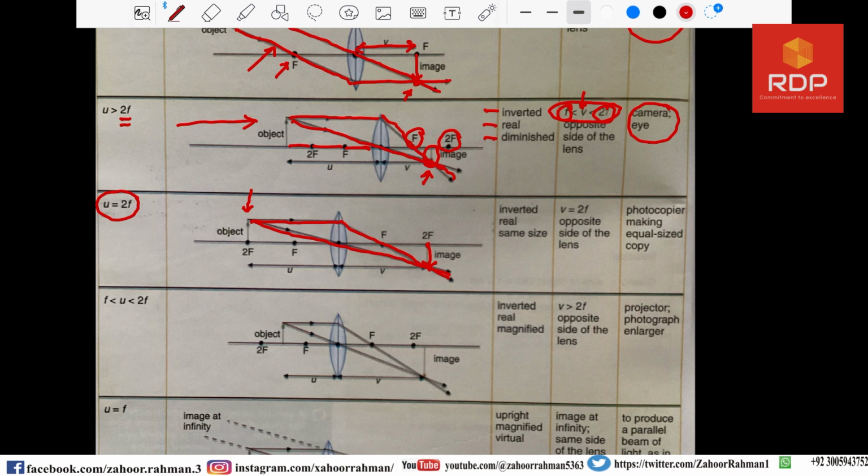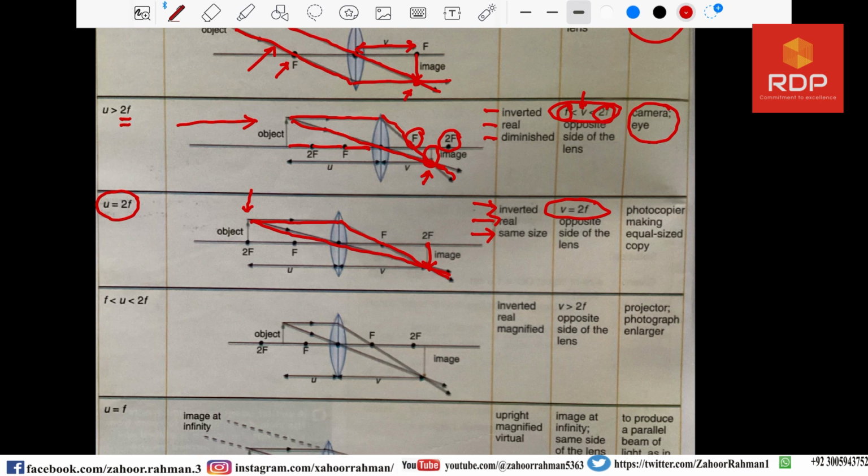So if you put the object at 2f, the image will also be at 2f, of the same size, and here it is written that it will be real and inverted. The image distance will be 2f.